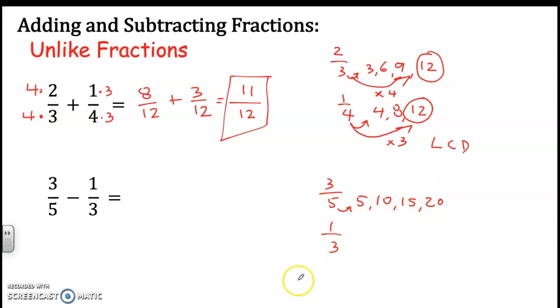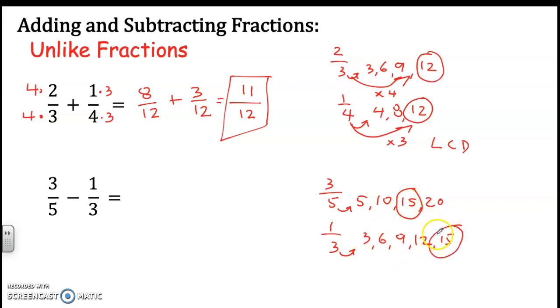Let's do the 3. Remember, I'm looking for a common multiple, common denominator, I'm sorry. 3 times 1 is 3. Times 2 is 6. Times 3 is 9. Times 4 is 12. Times 5 is 15. There we go.